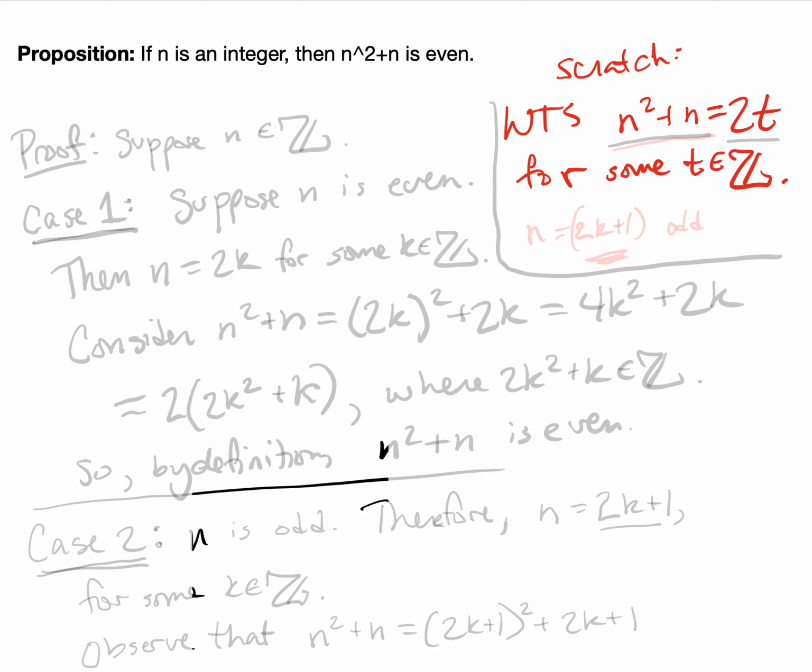In the beginning of this chapter, we did some proofs like this. And anytime that we did a proof like that, we said, okay, if n, for example, was odd, we would say n is equal to 2k plus 1 for some integer k, and we would substitute that back into the expression we want to find the parity of and either prove that it's even or prove that it's odd.